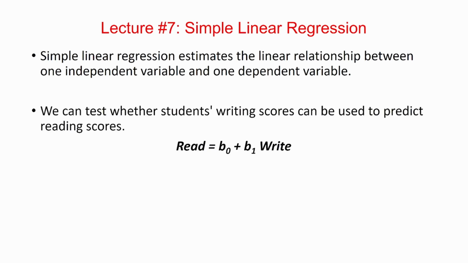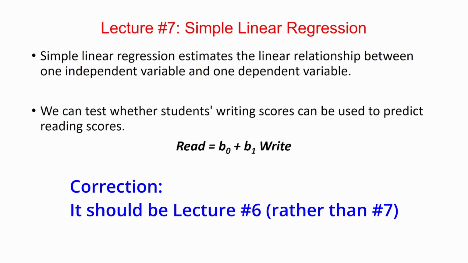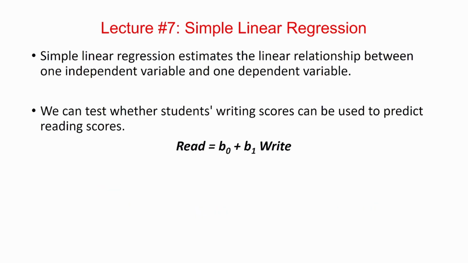For instance, if we want to use the writing score as a way to predict the reading score, we can write a statement like this. So reading is the y and writing is the x, and we're going to estimate the B1.